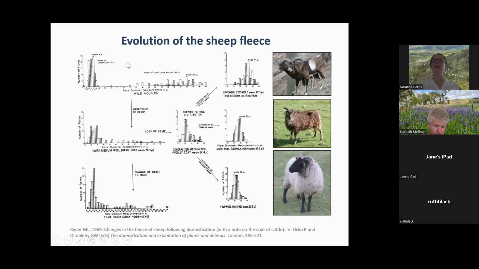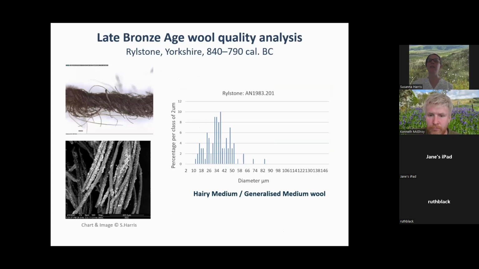And this is the profile of a hairy sheep. As time goes on over the millennia, people realize they don't want hairy sheep because they're prickly and they're not very comfortable to wear. What they want is just that fine wool. And they breed sheep to have a profile more like this, the fine wool, with fibers with less than 40 micron in diameter. And so I did this analysis on the Rillaton textile in Yorkshire.